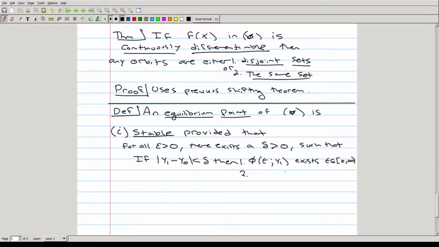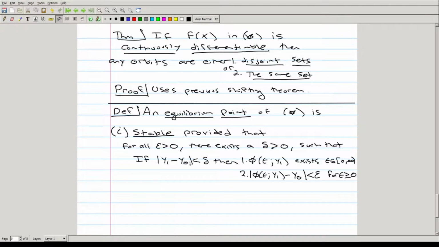And the main thing here is that the distance between the solution with initial condition y1 and our equilibrium point has to stay less than epsilon for t greater than or equal to 0. So this is the exact mathematical definition of what a stable equilibrium point means.